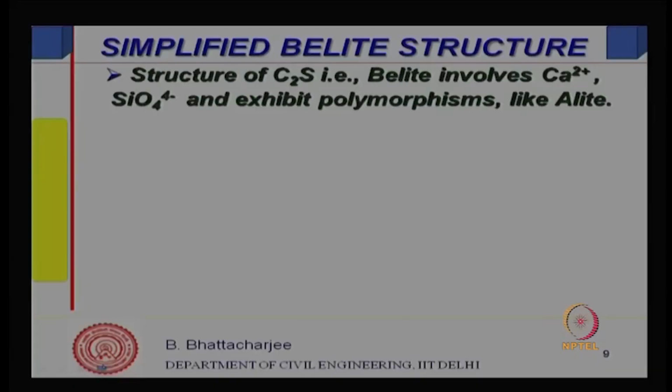Now the simplified belite structure, that is C2S, which we saw in the last class.